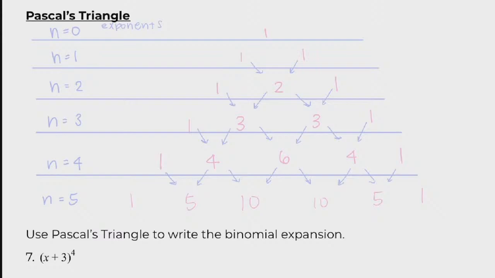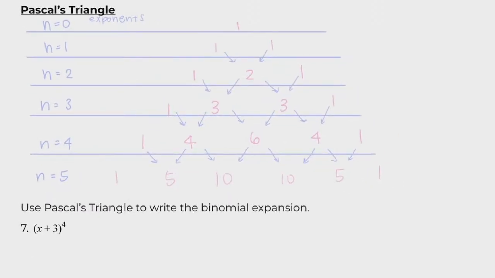So the ends, the far left and the far right, will always be 1s, and then for the middle numbers you can add from the row before it. And you can keep doing this as many times as you want. So the purpose of the triangle is to give you the coefficients of a binomial expansion.